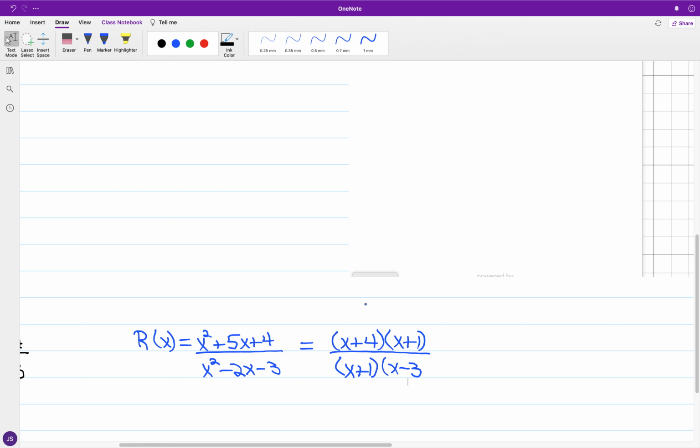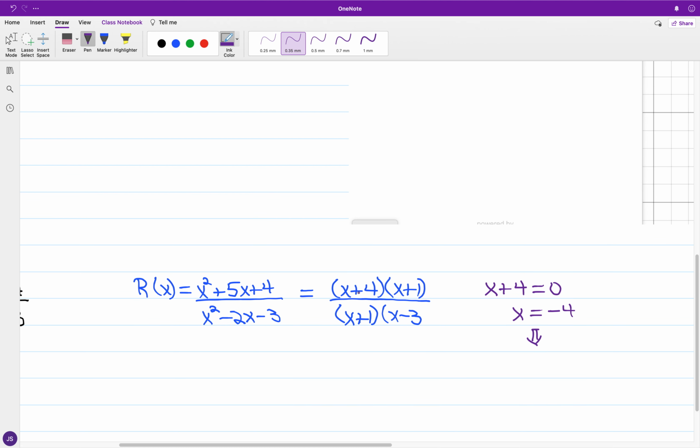Just for starters, looking for the zeros, we had the factored forms. So we have x plus 4 equal to 0, and from this we have that x is equal to negative 4. Negative 4 stems from x plus 4, which is exclusively in the numerator.